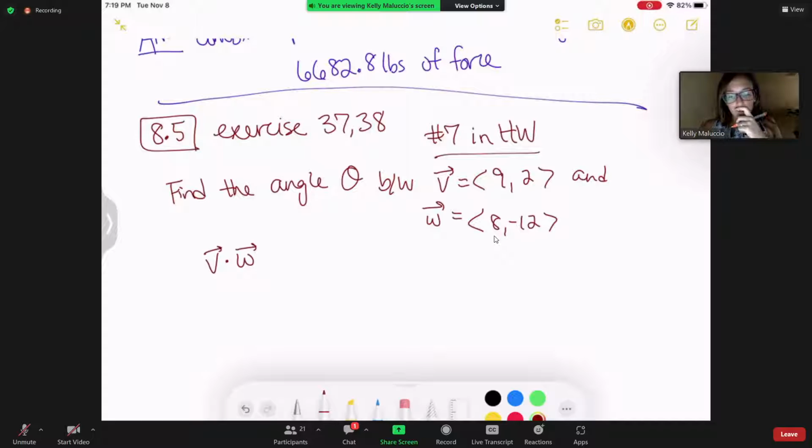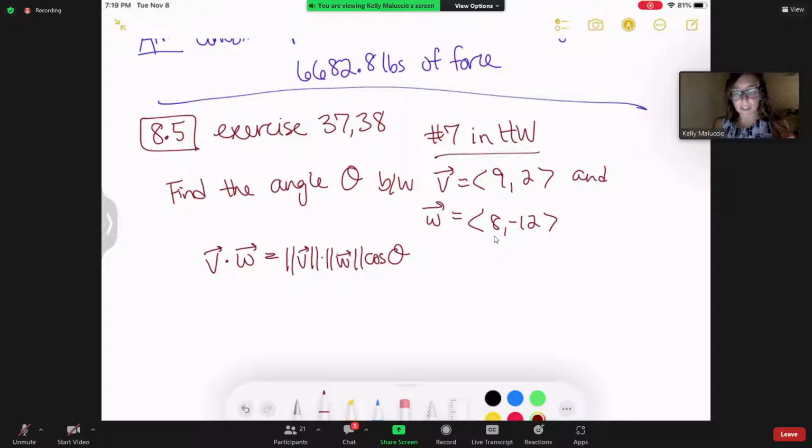But okay, if we want to find this angle in between, we can use that formula. The dot product equals the magnitude of this vector times the magnitude of this vector times cosine theta. I don't think you'll need this formula on the test, since it is not given to you, but you may still use it in the speed and bearing case.